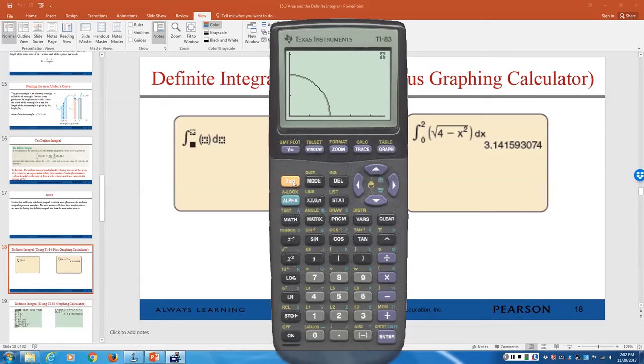Now, if I go back to my home screen and I want to calculate that area, then just like you found inderiv on your math menu, you also find function integral on your math menu. So you press your math button, and you go to number 9, the option after inderiv. So chances are wherever you found inderiv is where you're going to find FNINT, which is the definite integral of the function.